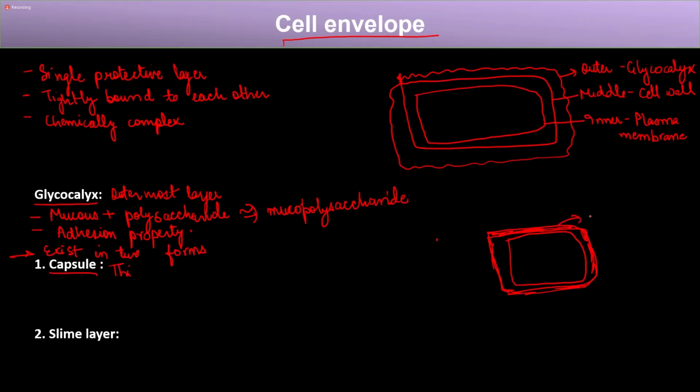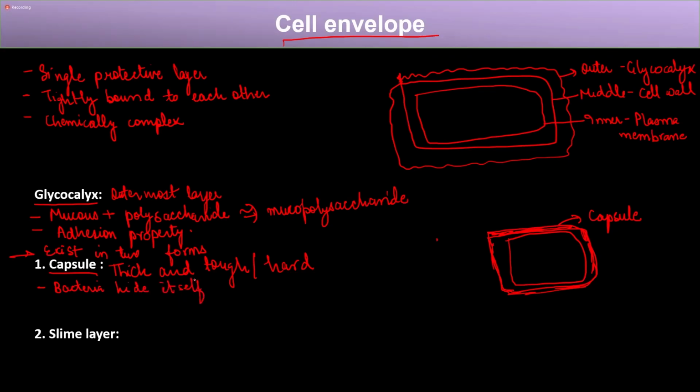So the glycocalyx, when it exists in the form of capsule, how does it look? It looks thick and tough or hard. Now, what is its role? Since it is hard and thick, the bacteria hide inside it.